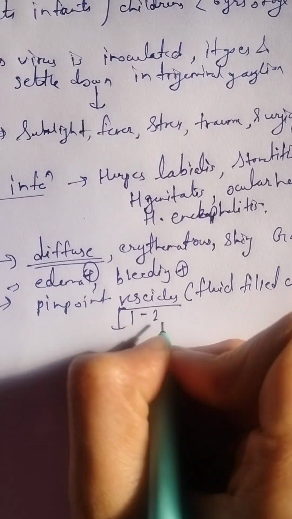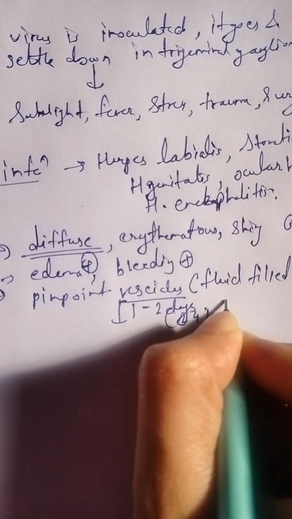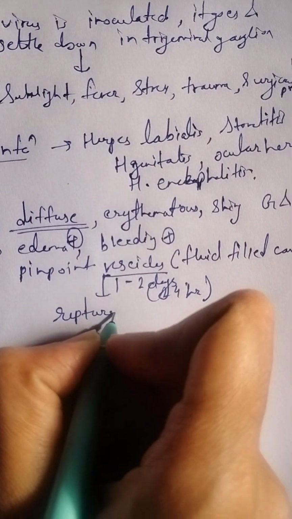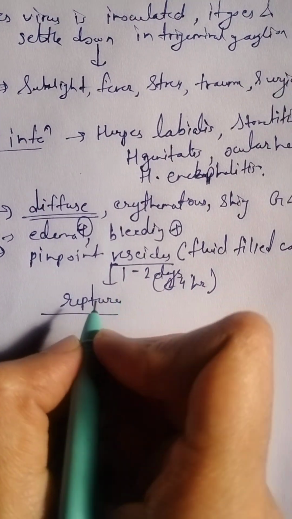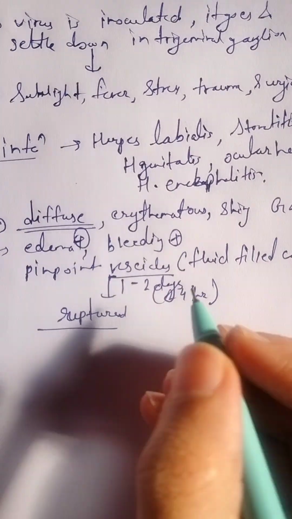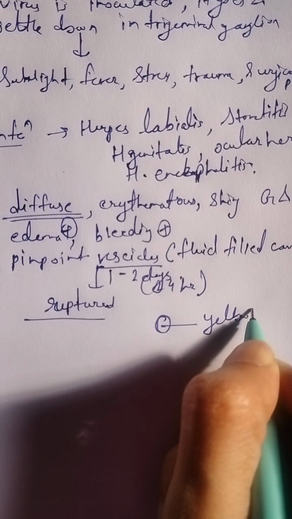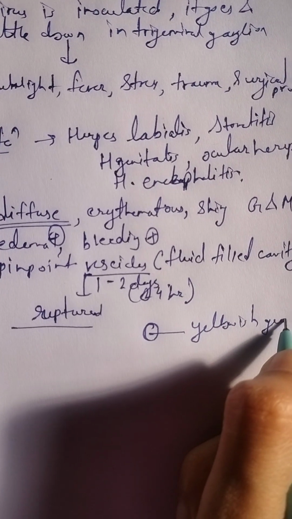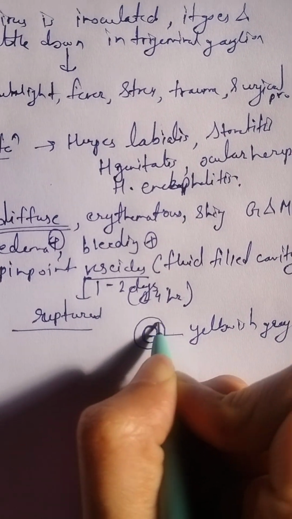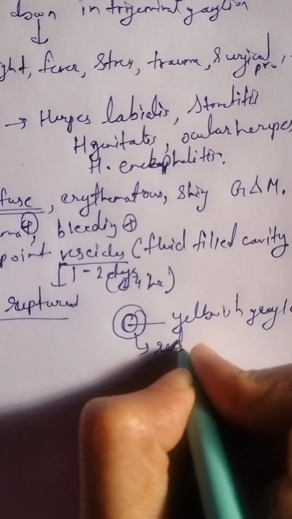Then within 1 to 2 days, or within 24 hours, these vesicles rupture, and the ruptured vesicles look like a yellowish gray lesion in the center, and in the surrounding there is a reddish halo present.